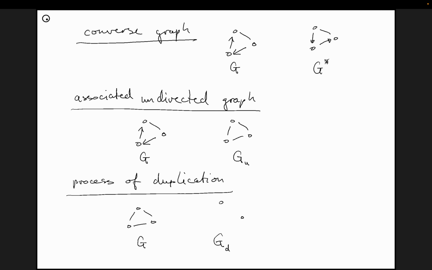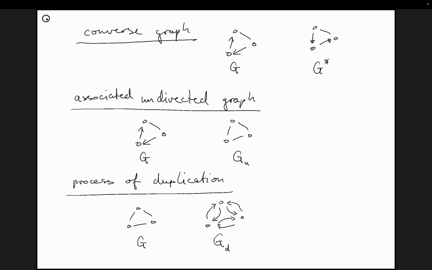This is also easily explained by a diagram. I take every undirected edge and duplicate it, and I put all possible, so the 2 possible directions, instead of the undirected edge. So this right here is the process of duplication.